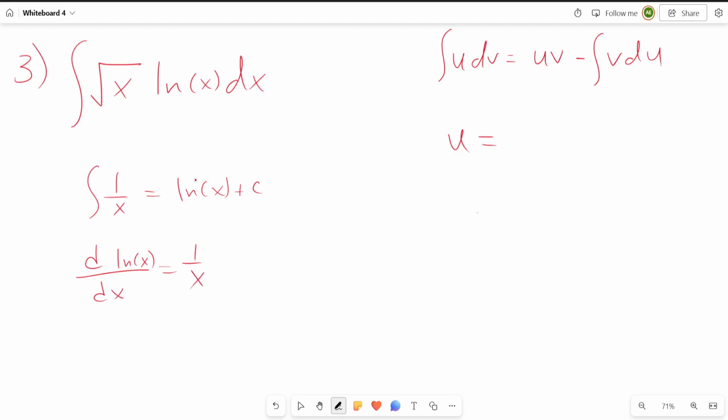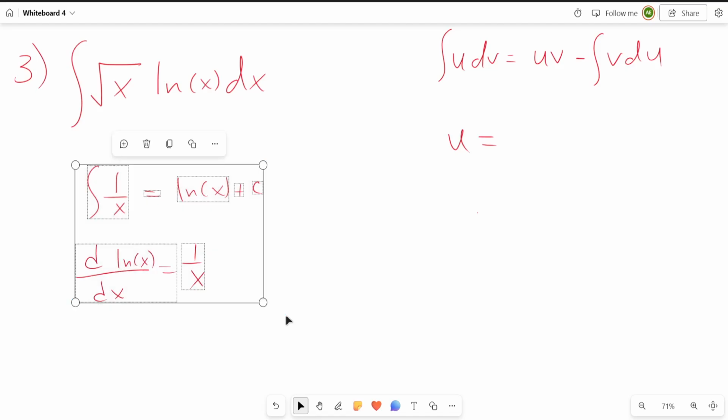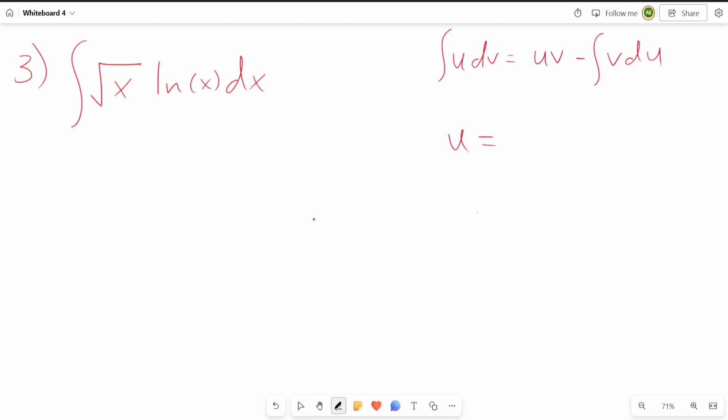The integration of ln x, I don't know, and it's a complicated process. So over here, since I know the differentiation of ln x is simply 1 over x, it's smart to choose my u as ln of x. So I will choose my u as ln of x, and that directly gives me my du equal to 1 over x dx. And that leaves my dv with root x dx.